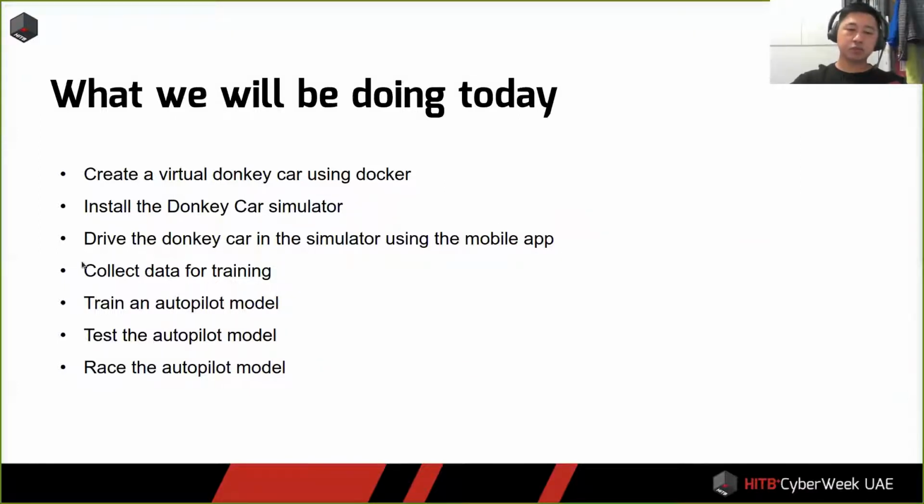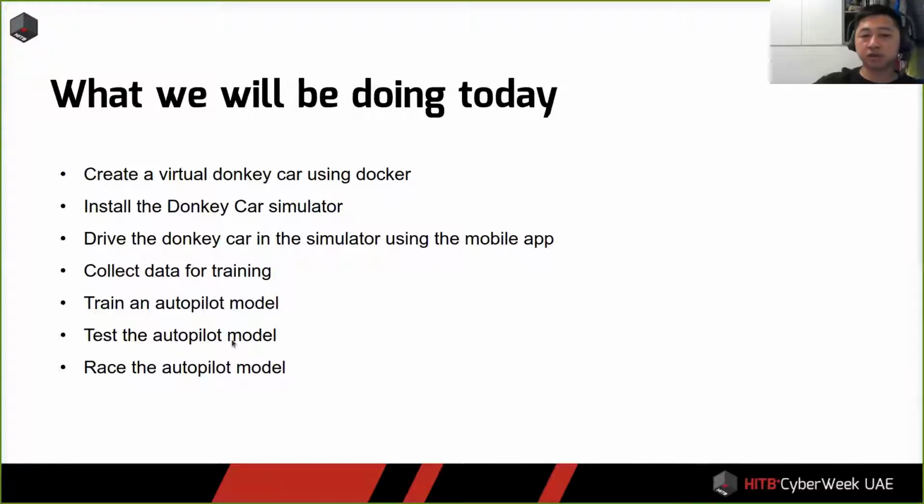And then you will collect data for training. Preferably you can collect like 10K images for training, and then you will use the mobile app to train the autopilot as well. Using the mobile app means it will send data to our training server, so it will be much quicker than training locally, and you will get an autopilot model in like 5 minutes.